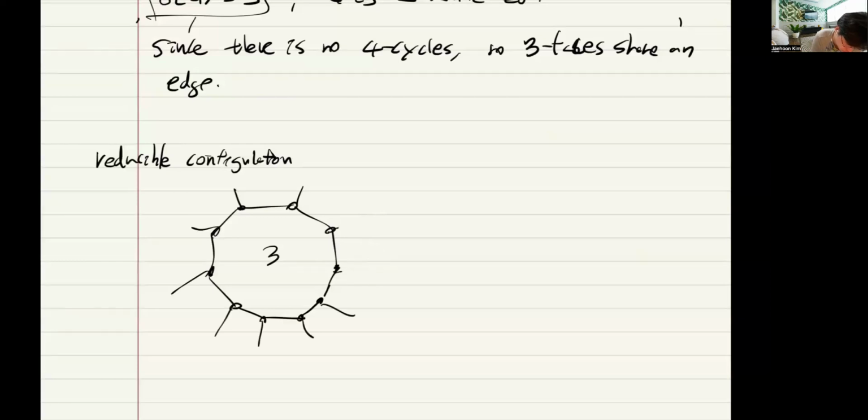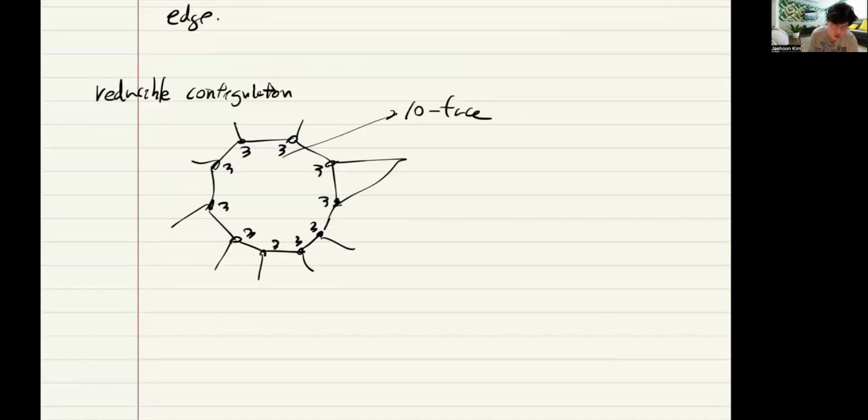Maybe 2 of them could look like this. But anyway, this is a face of length 10, where every vertex here has degree 3. So this is our reducible configuration. And it's easy to check that this is indeed a reducible configuration.